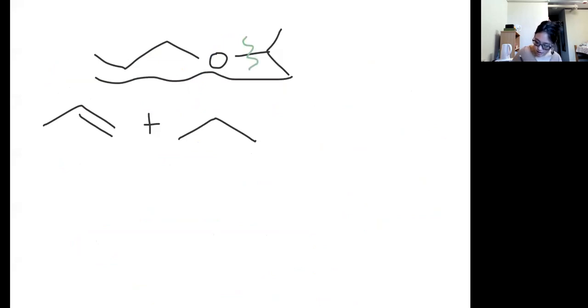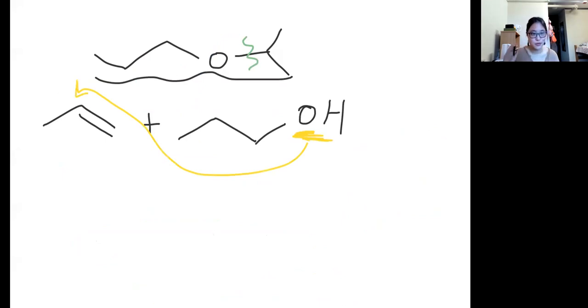So the question is, how do we make this alcohol to be able to tack this onto here? And excuse me if I misspoke before. I think I might have been looking at the top problem. Does that make sense?